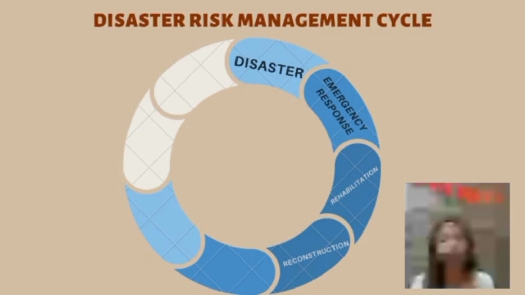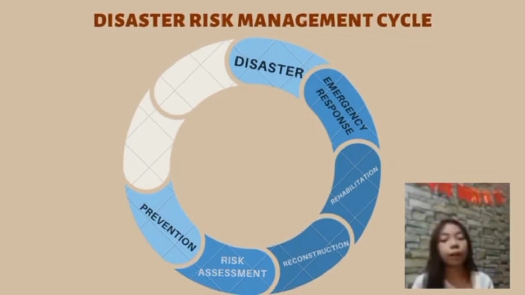It includes measures that will help increase the resilience of food systems in case of future disasters and emergencies. After that, there is a risk assessment. It is a process to identify potential hazards and analyze what could happen if a hazard occurs.